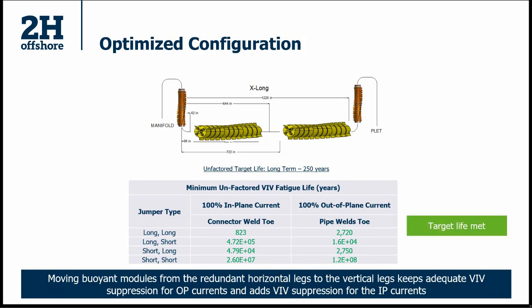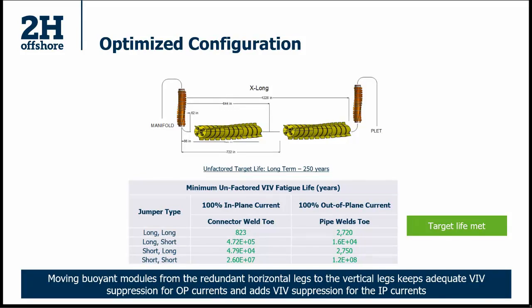So in summary, we met the target fatigue life on all 12 jumpers. One thing we did have to do was recommend adding regular strakes, and by regular strakes I mean strakes which are mounted directly on the pipe instead of on the buoyancy modules for the vertical legs of the jumper.